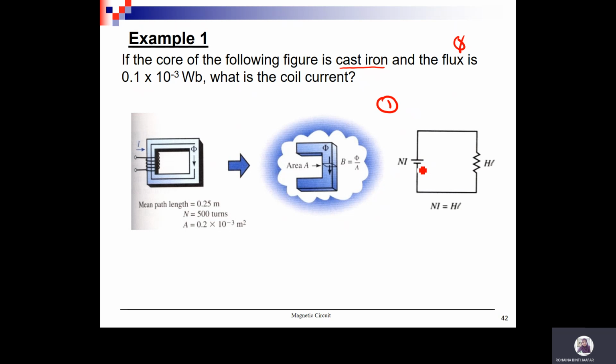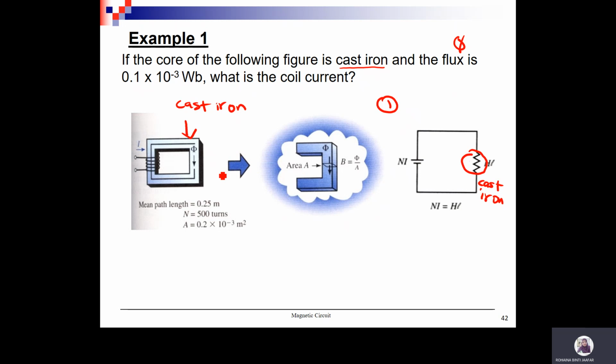This one you only have one material, cast iron. So cast iron material, we refer to as a resistance. Since you only have cast iron, you only have one resistance. So this one is for HL for cast iron.